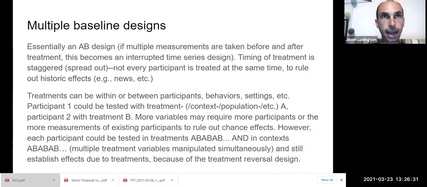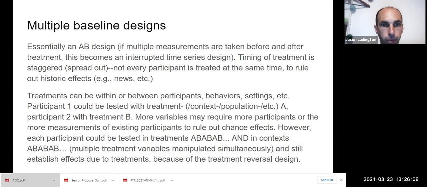So if we stagger the treatment or the condition orders or the event time of switching conditions across participants, then we can rule out history effects.